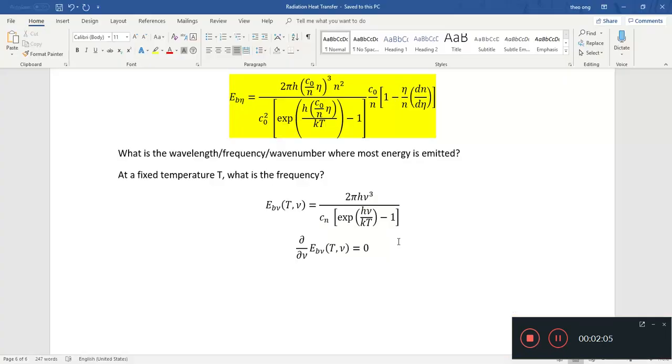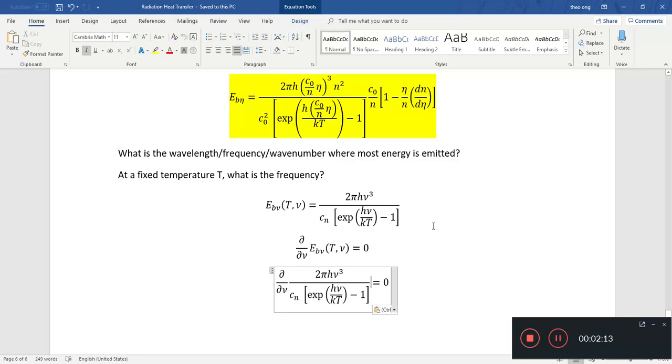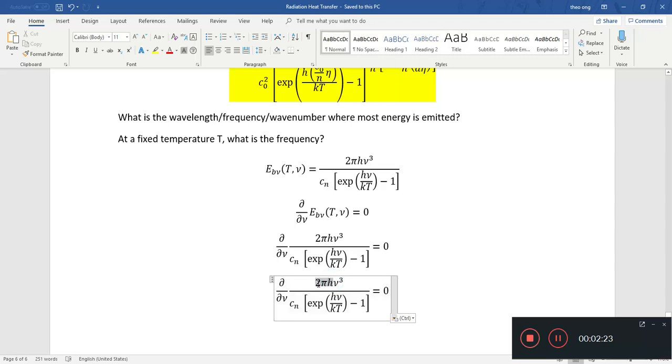All we have to do is to differentiate this expression with respect to the frequency. If we know already, we can take out the constants 2 pi and h, and somehow we can solve this numerically, and that will give us the answer.